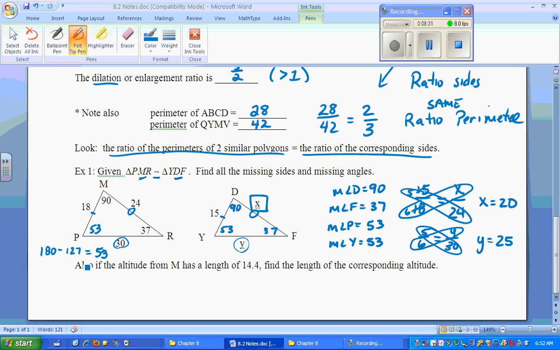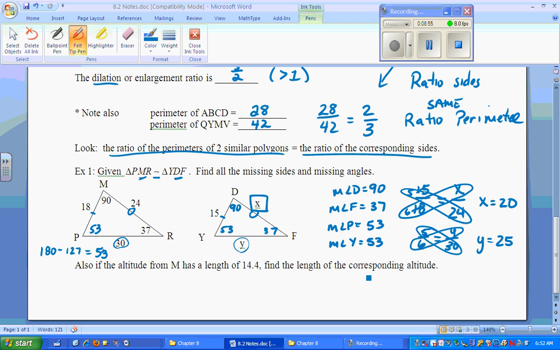Also a nice little note, besides knowing that the ratio of sides is the same thing as the ratio of perimeters: if the altitude from M has a length of 14.4, then find the length of the corresponding altitude. Well, what's nice about that is that the corresponding altitudes will match up. So what do we know?